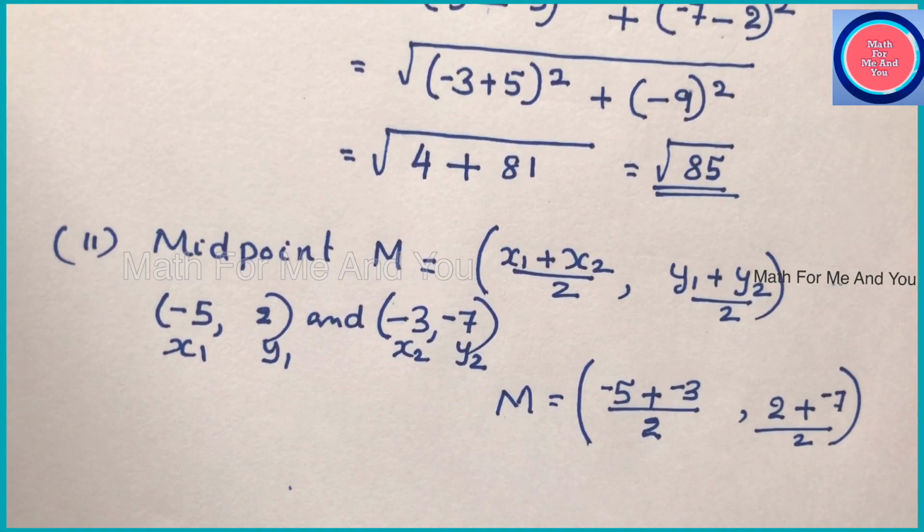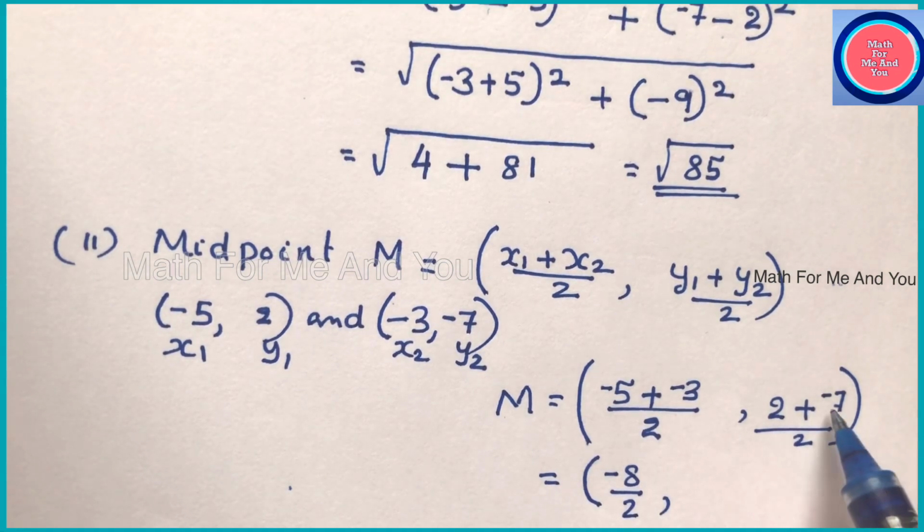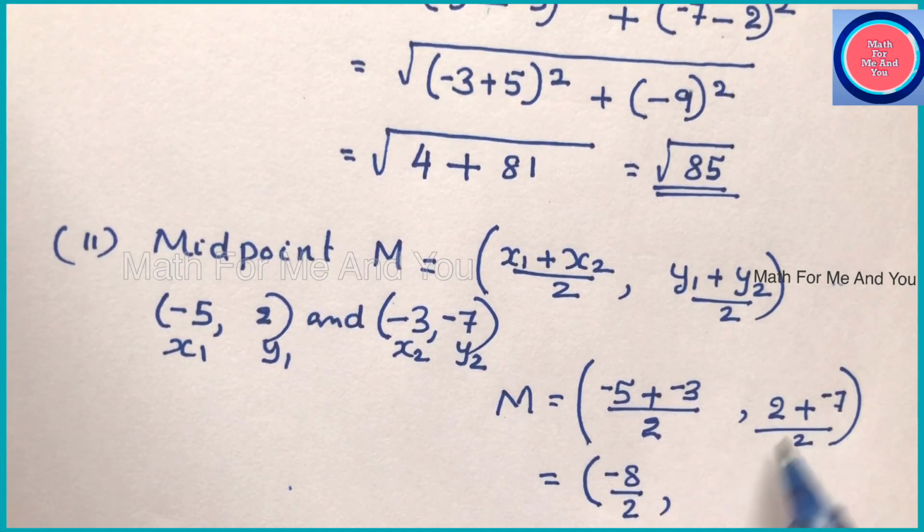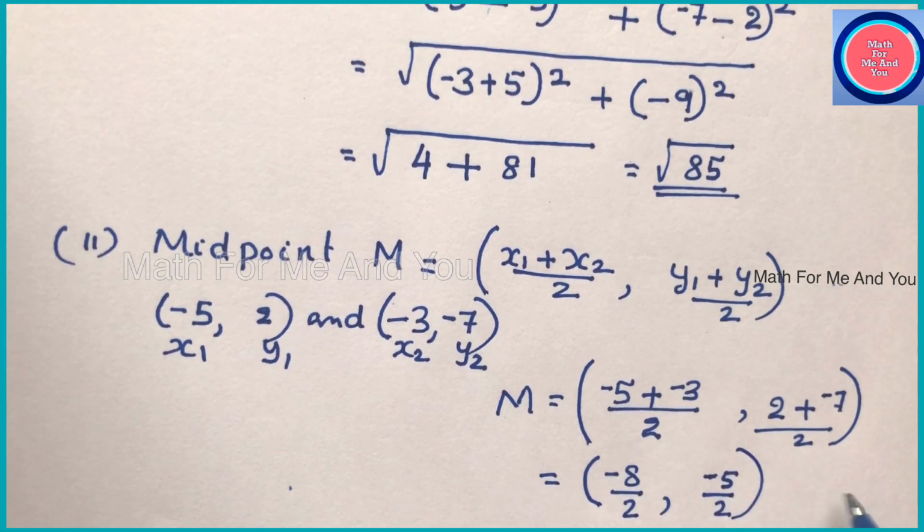What is minus 5 and minus 3? Minus 5 plus minus 3 is minus 8. Minus 8 by 2. 2 plus minus 7 is minus 5. Minus 5 by 2. What is minus 8 by 2? It is minus 4. What is minus 5 by 2? It is minus 2.5. So the midpoint is ready. This is the midpoint between P and Q.